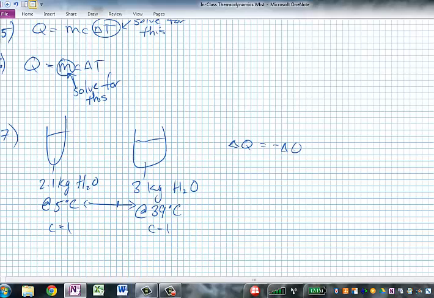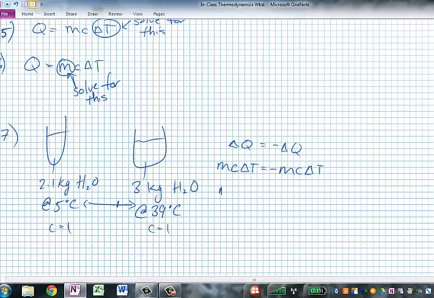With any mixture problem, we are setting up delta Q equals delta Q. So, again, conveniently, since there's no phase change, we're just dealing with mc delta T. We've dealt with some more complicated problems in class, or we will shortly if we haven't already.